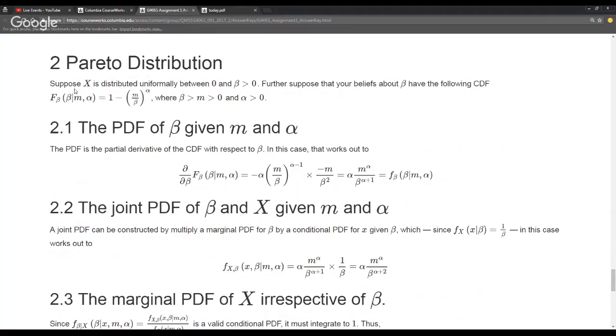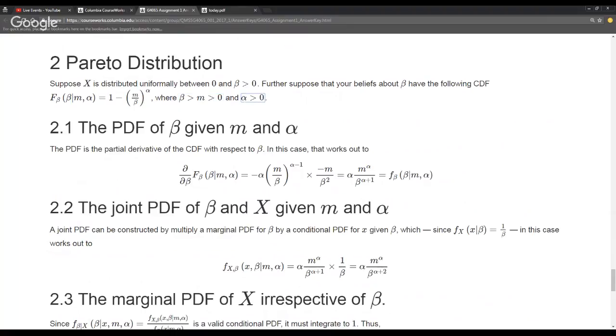The setup of the problem is you have some random variable x that's uniformly distributed between 0 and beta, but you don't know what beta is, except you know that beta is positive. And you have beliefs about beta that are captured by this CDF, which is valid for any value of beta that is greater than m. So m is some value that you have to supply, and m also has to be greater than 0.